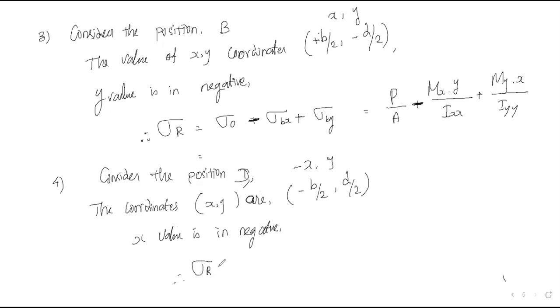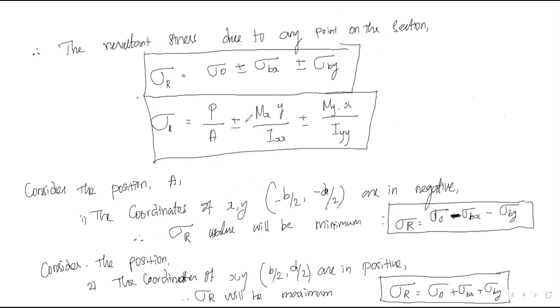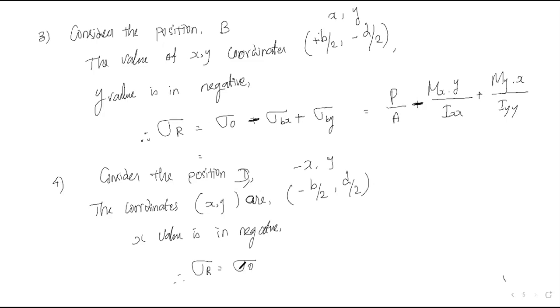Therefore sigma r is equal to sigma naught plus sigma bx minus sigma by, such that the equation changes as P by A plus Mx into y by Ixx minus My into x divided by Iyy.